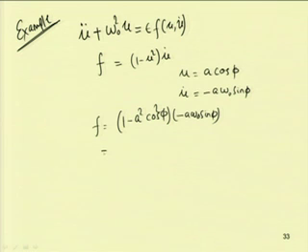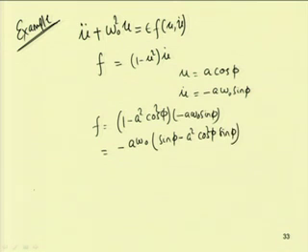So, this becomes minus a omega 0 sin phi minus a square cos square phi into sin phi. So, this is our f now.